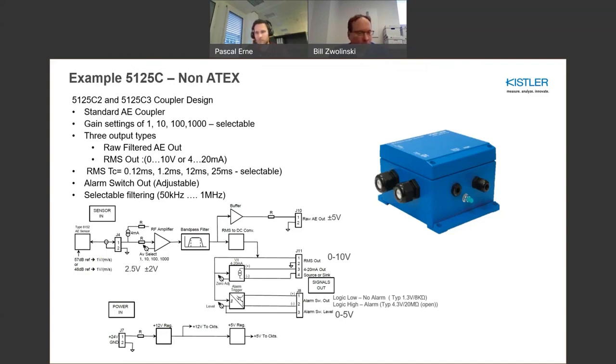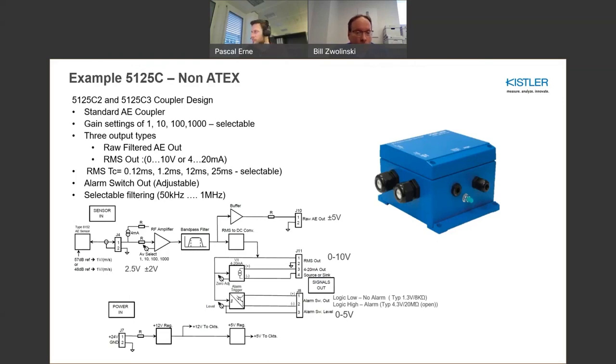I'll show you some examples of how to judge what time constant to use on the RMS. RMS is basically going to give you the envelope of this high frequency signal. And then you have either RMS output voltage or current, and you also have a raw AE output.